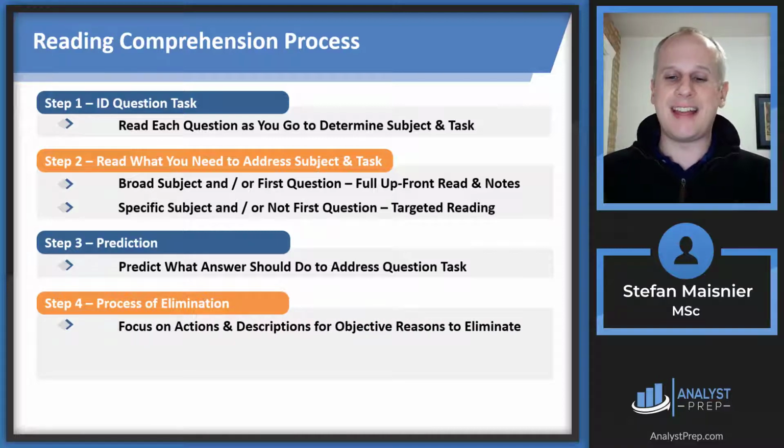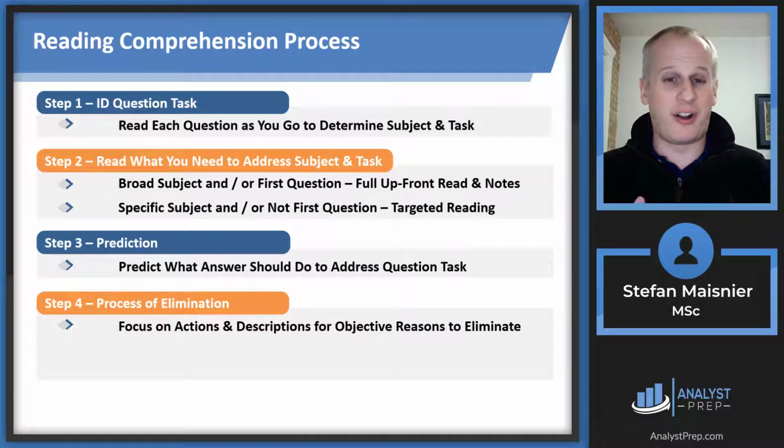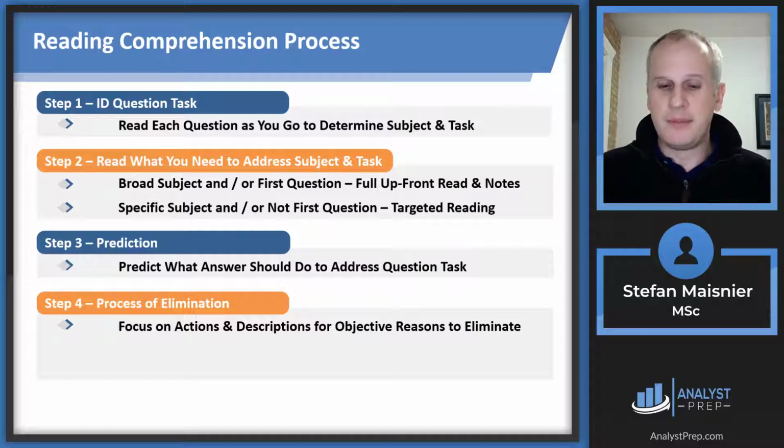So you want to focus on actions and descriptions for objective reasons to eliminate. Just as we did before, you could see that we were highlighting verbs, adjectives, and adverbs, because all of those things provide objective reasons to eliminate that are not going to be able to be argued against.